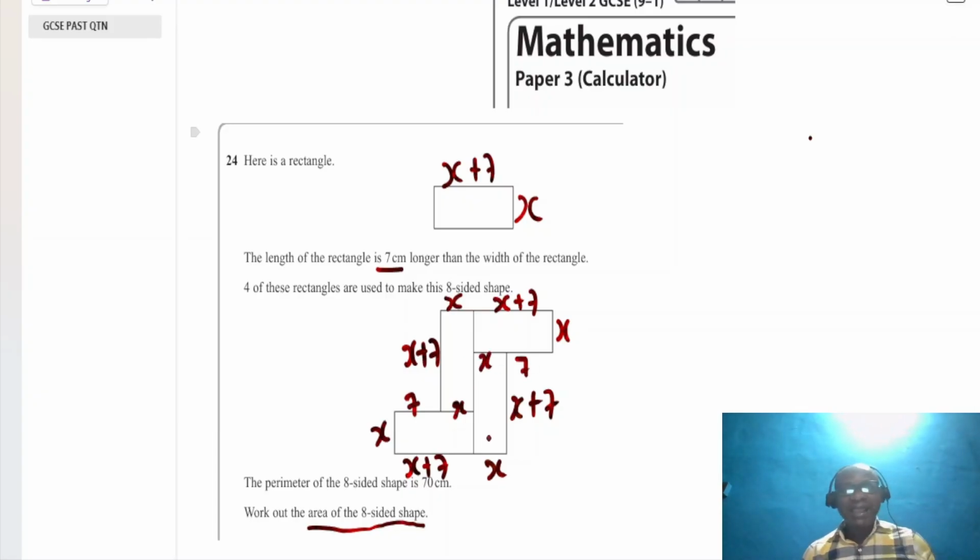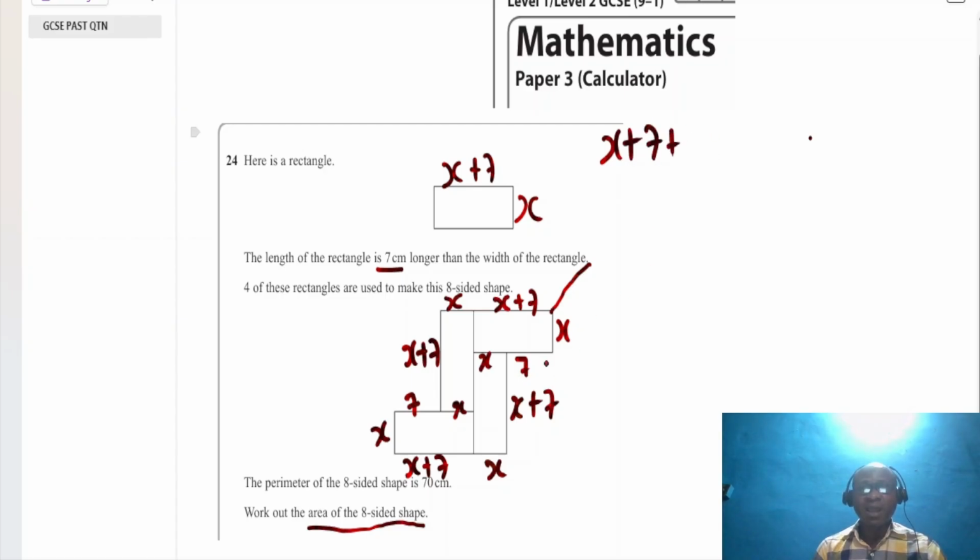I am now going to take all the sides of this shape and add all of them. After adding them, I will equate it to the perimeter given to me, which is 70 cm. Let me begin from here, going clockwise. The first to record is x plus 7, then x plus 7.